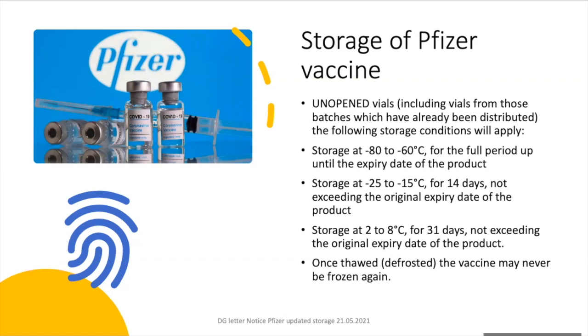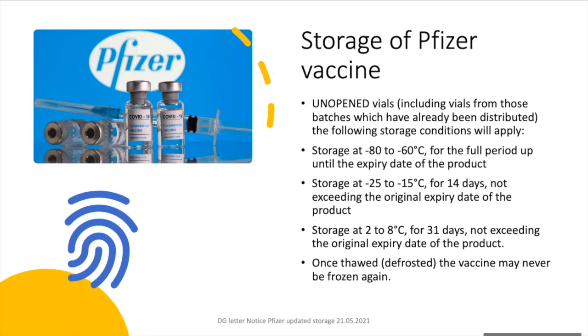Okay, we will discuss variants as well. So you heard in the video they say that the Pfizer vaccine, because it is an mRNA vaccine, also needs to be kept in certain temperature environments. This is the same with a lot of medications, like insulin that needs to be kept in the fridge, or even other vaccines that we use, like the measles vaccine, which also needs to be kept in the fridge. These guidelines are from the Director General for the Pfizer notice. When the vaccines were imported into the country, they were frozen. That's how they were imported, in a cold chain, at minus 80 to minus 60 degrees Celsius.